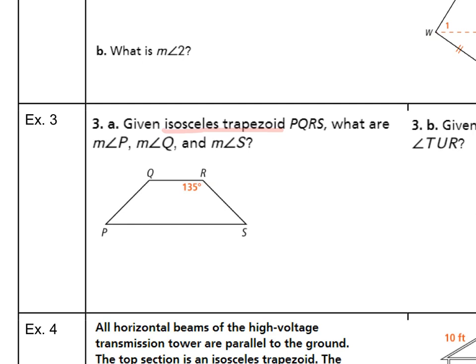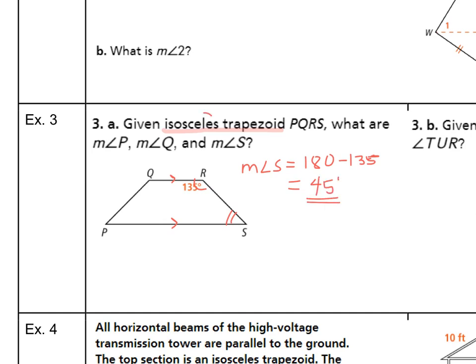We know by definition that the two lines are parallel. That would make angles R and S supplementary. They form that same side interior. So to get angle S then, if we just do 180 minus 135, well, that's 45. There we go. S would equal 45 degrees. Easy enough.